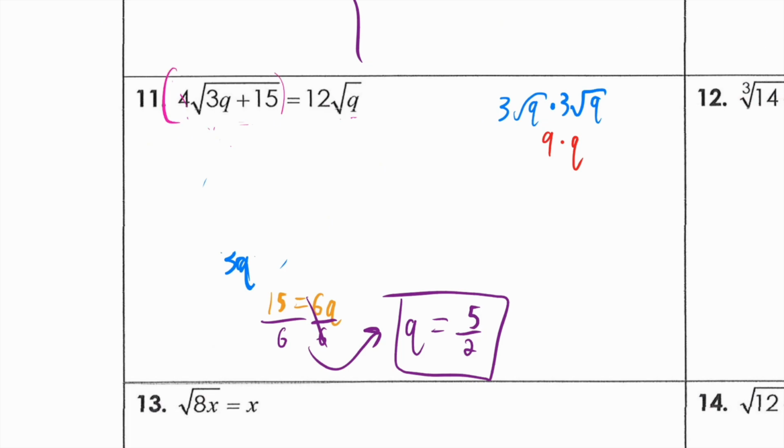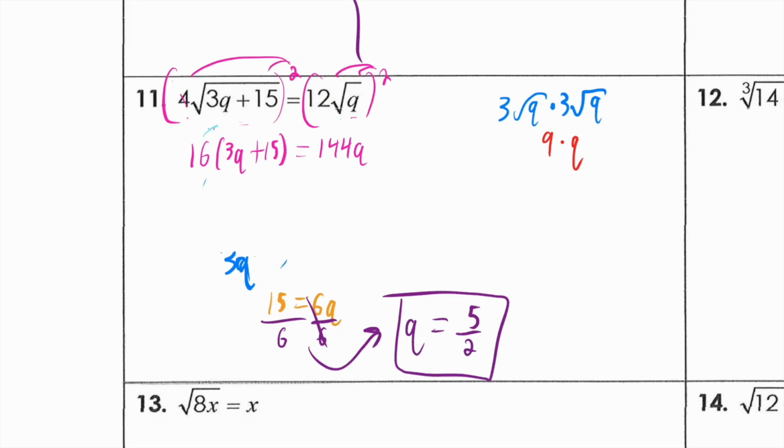Right away, actually. And what ends up happening is you square the 4 and the square root of 3q plus 15, and you just get 16 times 3q plus 15. I have to put that in parentheses because it's going to be distributing in a moment. And I get 144q as I do 12 squared and square root of q squared.